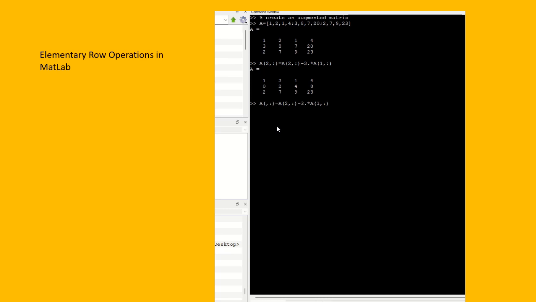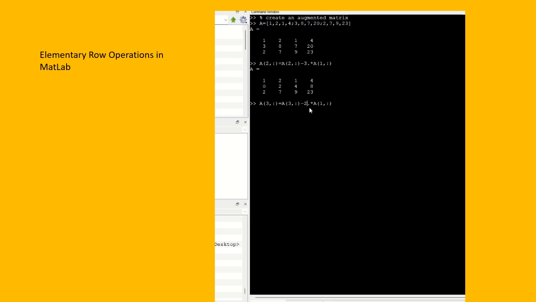So I'm going to change that to A sub 3 comma colon equals A sub 3 comma colon minus 2 times A sub 1 comma colon. So the third row of A, this new matrix here is now A, is equal to the third row of A minus 2 times the first row of A.